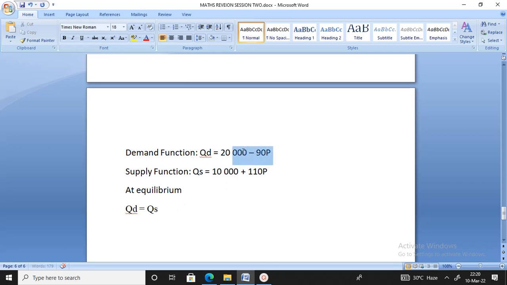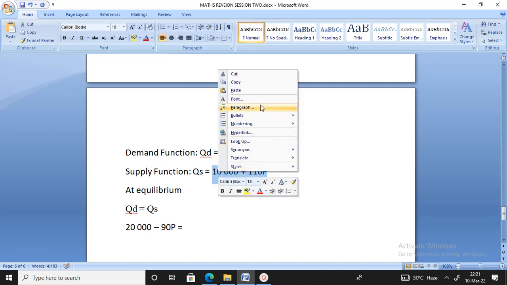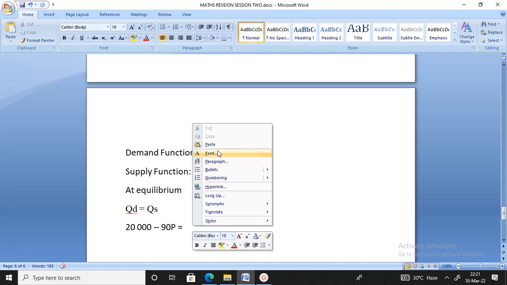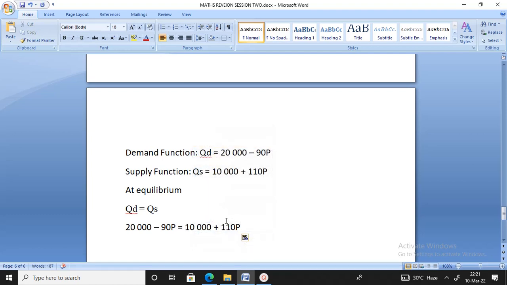So the quantity demanded function is this one. That function should be equal to the quantity supplied function, which is this one. So that is equal to that.